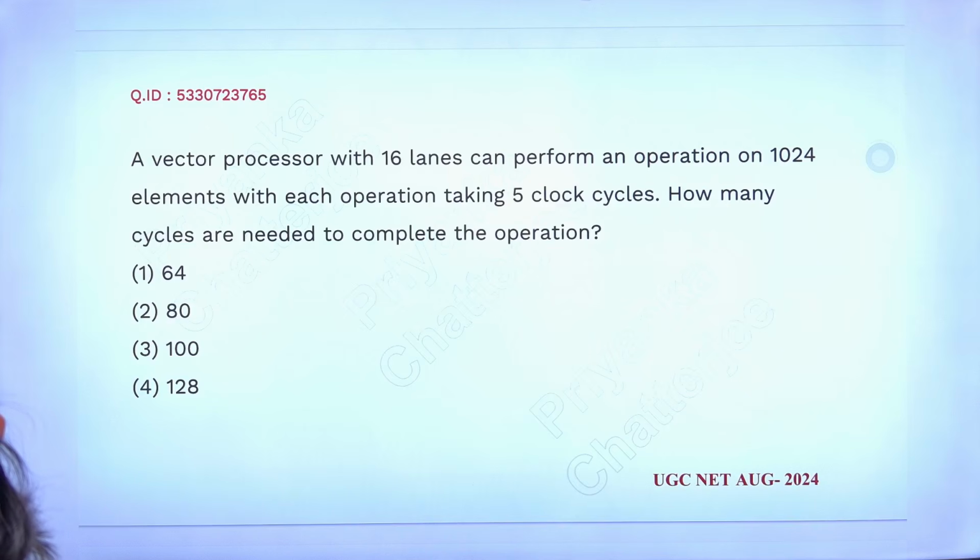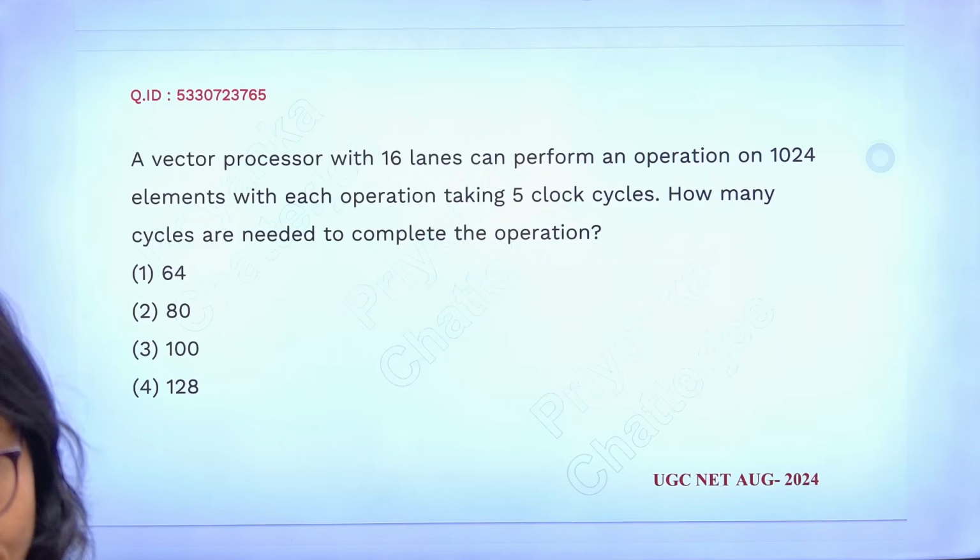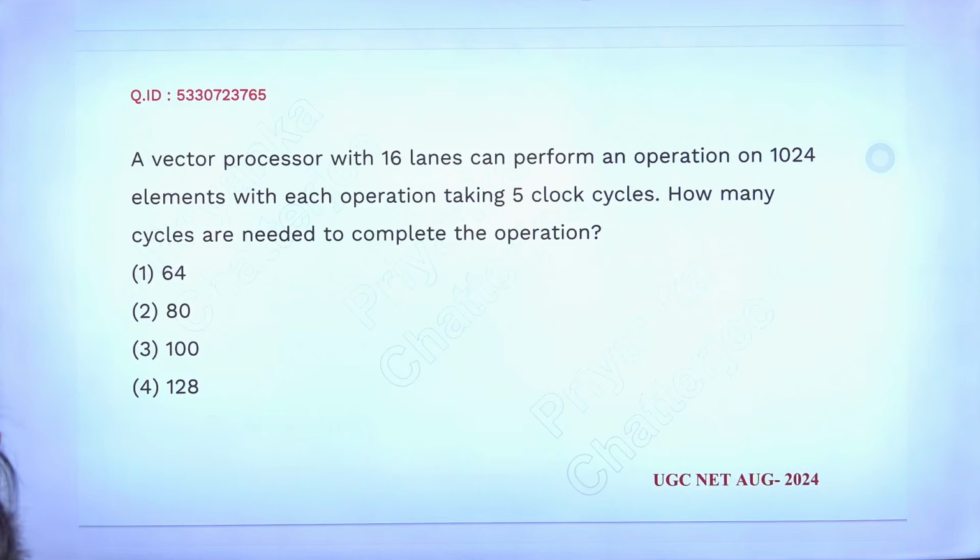The question is asking how many cycles are needed. I am telling you, the question should be how many operations are needed. The answer is not according to the cycle, the answer is according to the number of operations. It should be according to number of operations, not number of cycles.